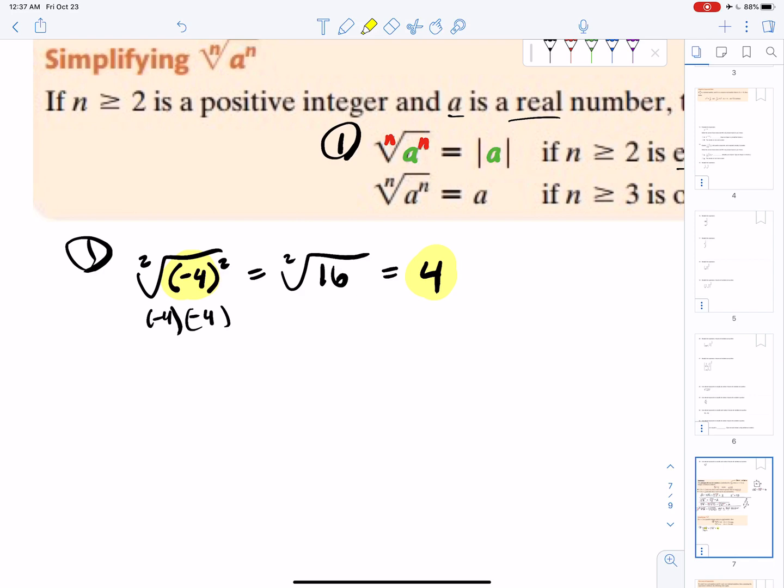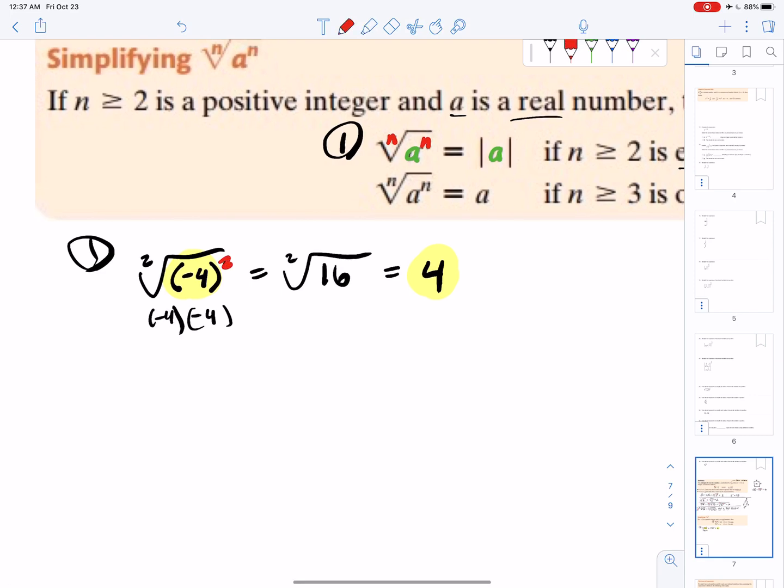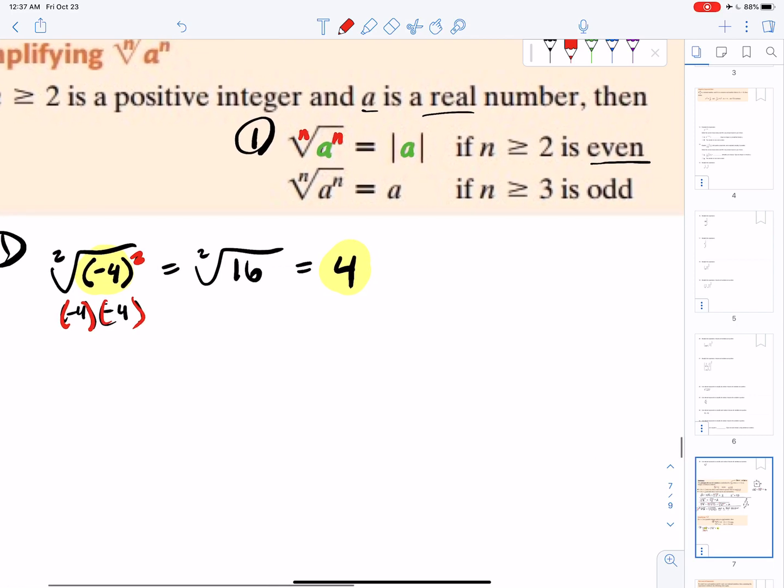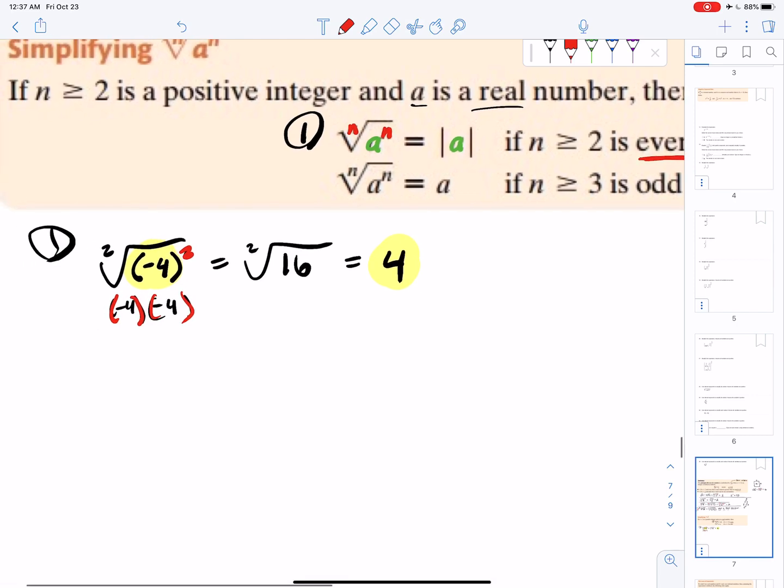Now, once again, why did it turn positive? It turned positive because of this little 2, right? Because when you multiply a negative times a negative, you get a positive. Therefore, whenever the nth root is even, that even power gives us an even number of negatives, which will always turn positive.